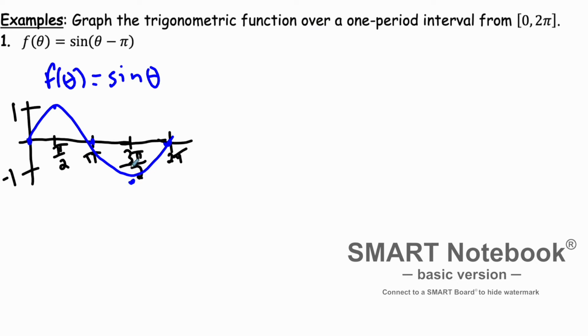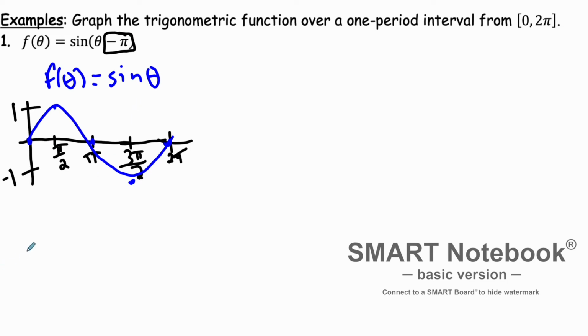All right, so what we are going to do is take this and do the opposite. This is minus pi, which means it's going to go to the right pi units. So we're going to take each of these points and do the opposite. We're going to add pi to it.